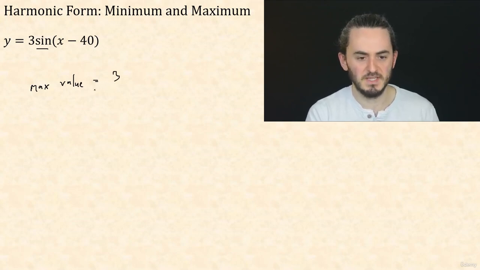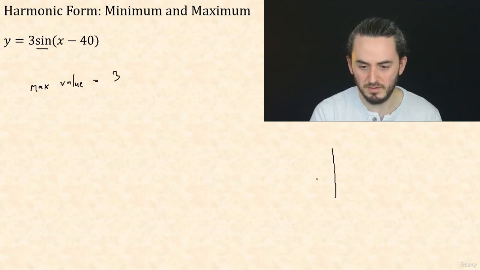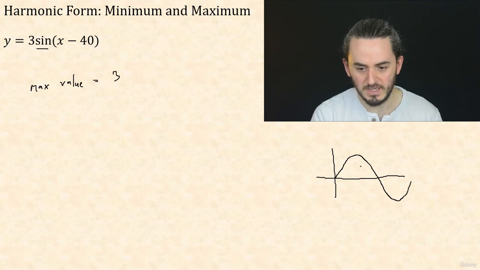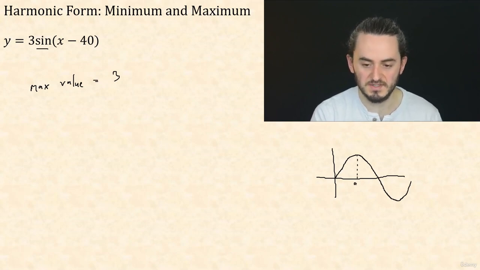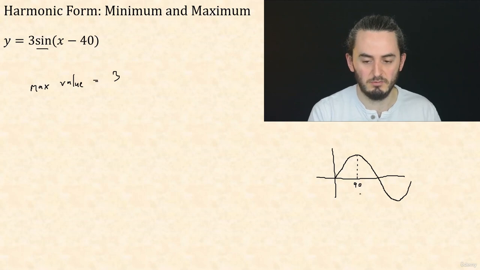Well, that's also pretty easy because I know by just thinking about the plain old sine graph that the maximum value occurs here, and if we're in degrees, that's when x equals 90. If we're in radians, it would be pi over 2, but in degrees it's x equals 90, or any shift 360 degrees along.